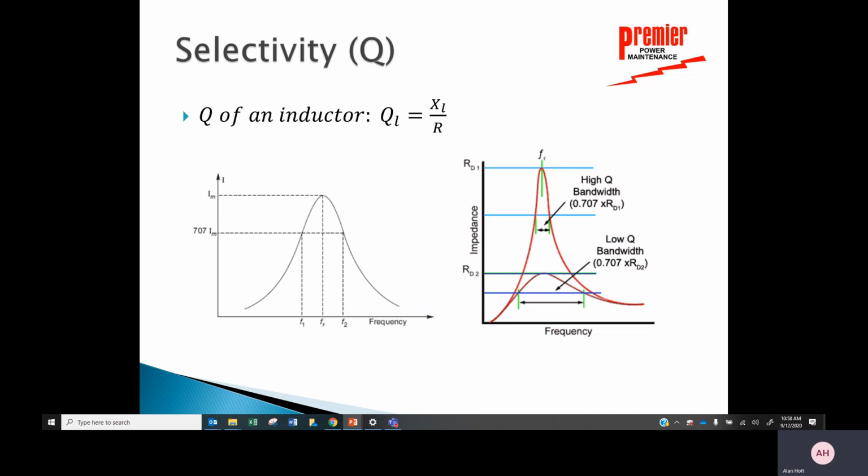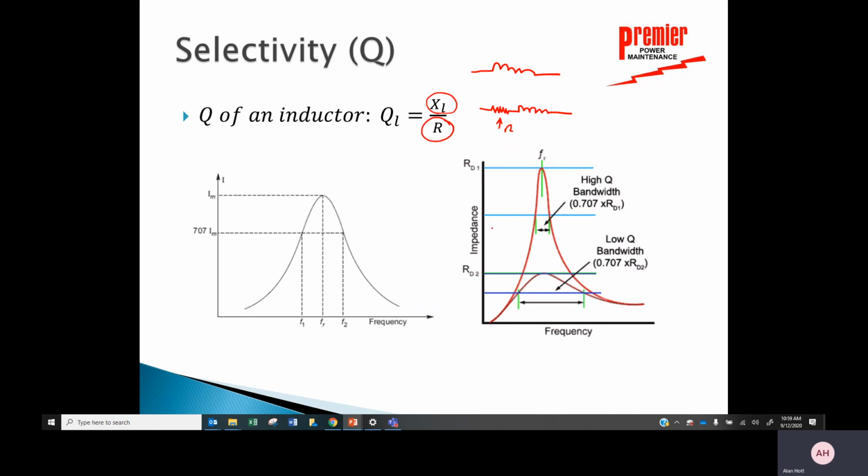The Q of a circuit, Q of an inductor. No inductor is perfect. So here's my diagram of an inductor. But you know what? That's a coil of wire. So in essence, inside that little inductor is resistance, and it's called wire. So this Q is a ratio of the inductive reactance divided by the actual resistance of that circuit, okay?